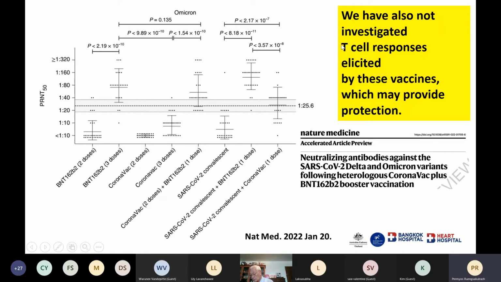So sometimes, if you don't have enough antibody but your T cell response is better, then you can combat the virus better. So this is part of the solution, but not the whole solution.